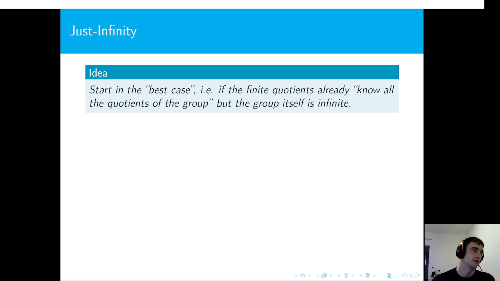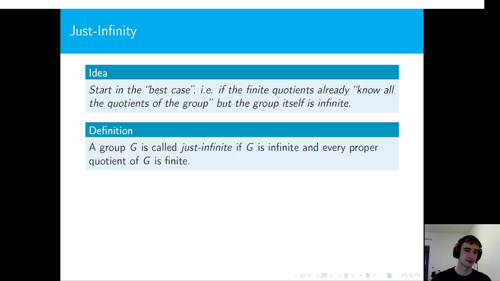What that means is that every proper quotient of the group is finite. If you've heard this, then you will think, I've heard this definition before. This is the definition of just infinite, as you can tell by the title of the slide. A group G is called just infinite if G itself is infinite, and every proper quotient of G is finite.